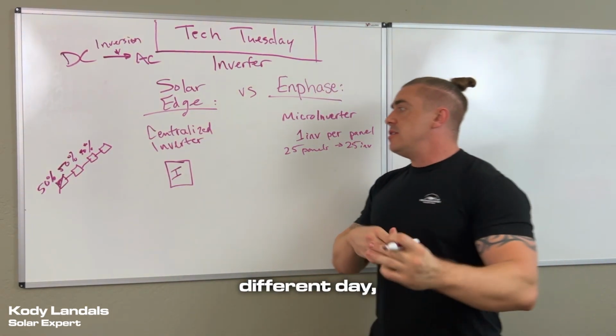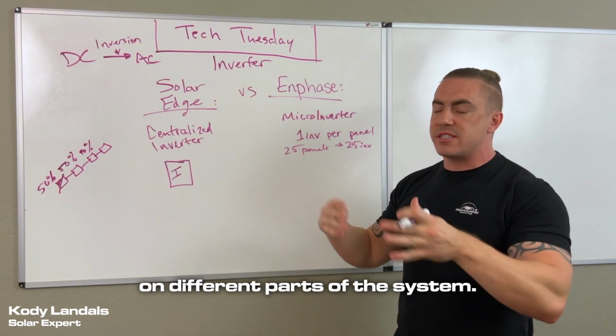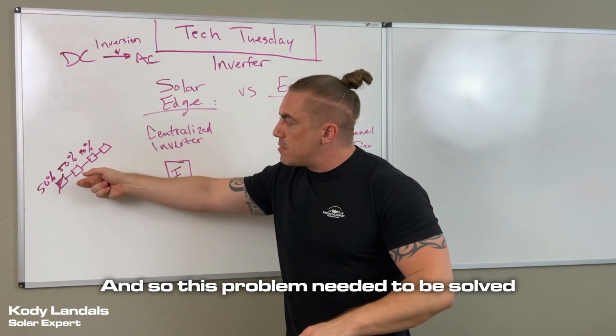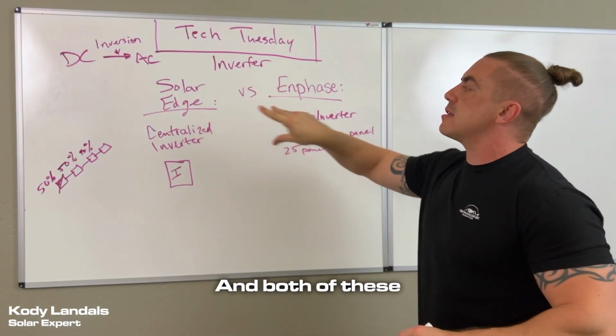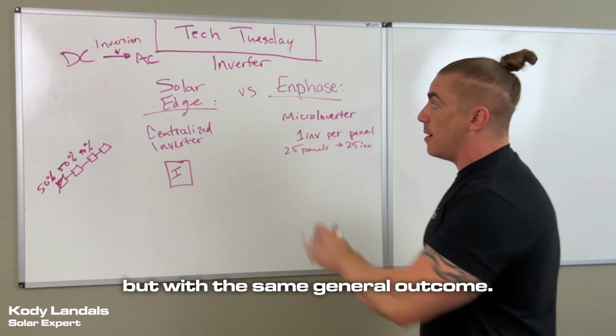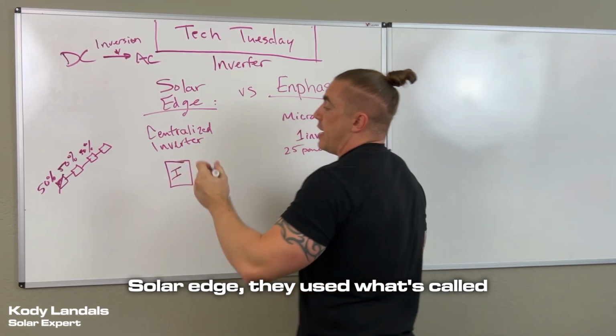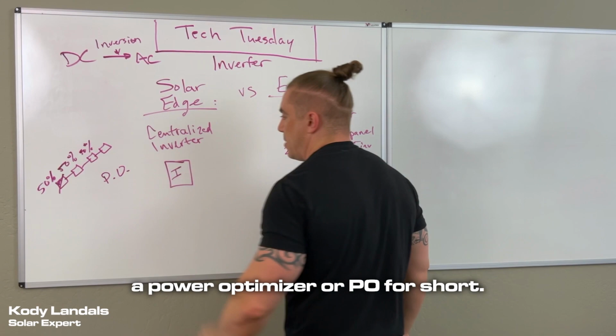Clouds come in, different times of the day have different shadows on different parts of the system. So this problem needed to be solved to increase the efficiency of all residential solar. And both of these companies solved it in two different ways, but with the same general outcome. SolarEdge used what's called a power optimizer, or PO for short.